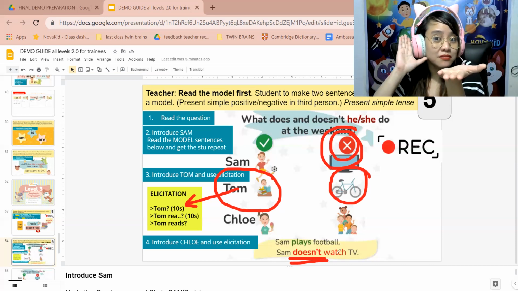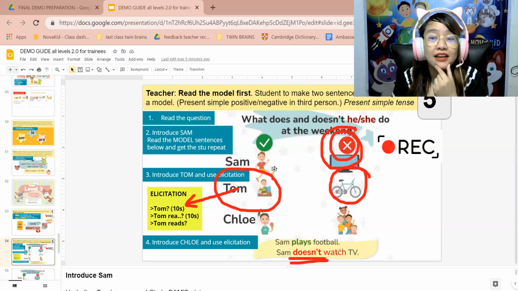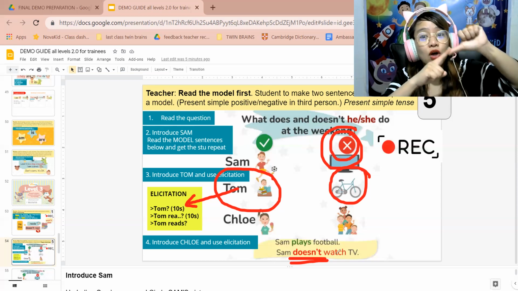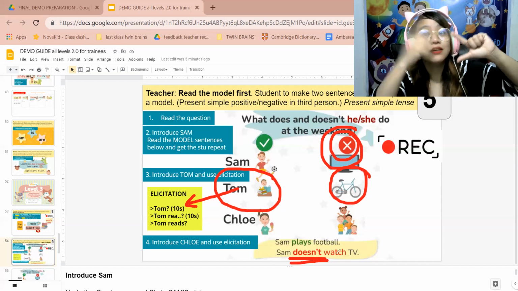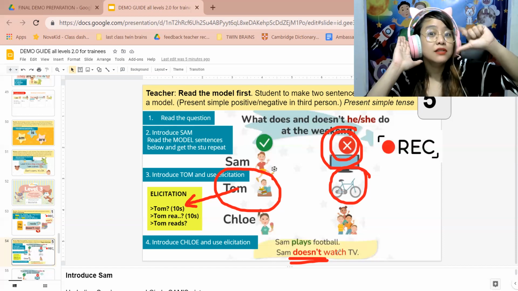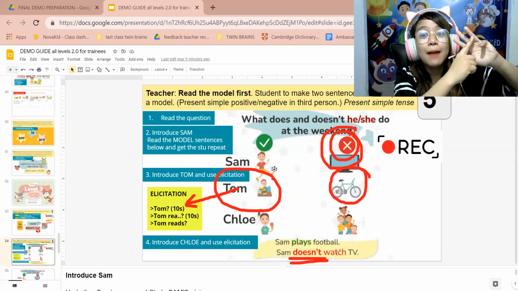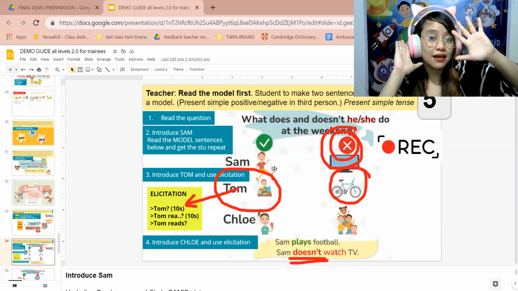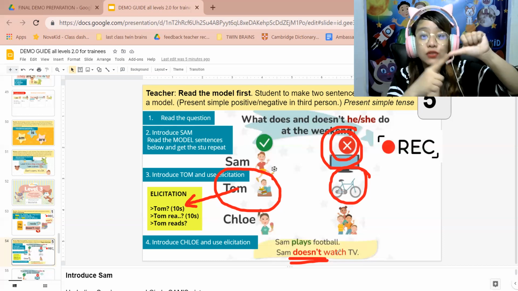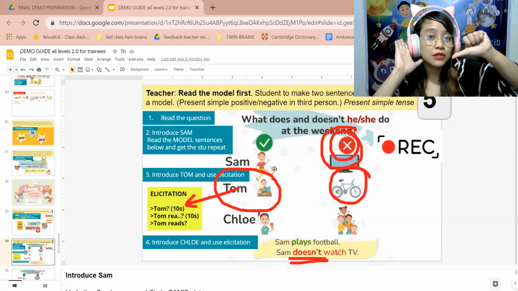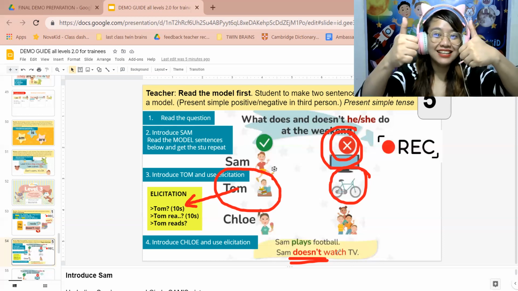Tom doesn't ride bike. Tom doesn't. Tom doesn't ride a bike. A bike. Tom doesn't ride a bike. Well done.